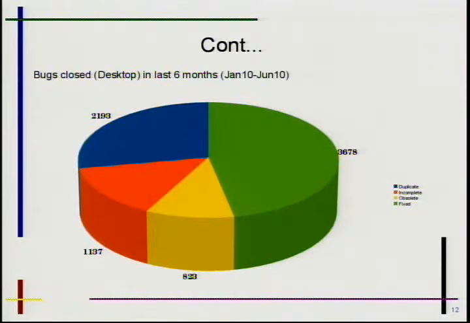What it means is not that only the bug triaging or bug squad team is doing all the efforts marked for duplicate or incomplete, but this graph shows that if we consider these 3 states, they combine more effort than a fixed bug. So it means we really need people who can do triaging.